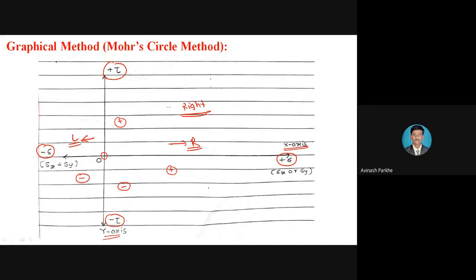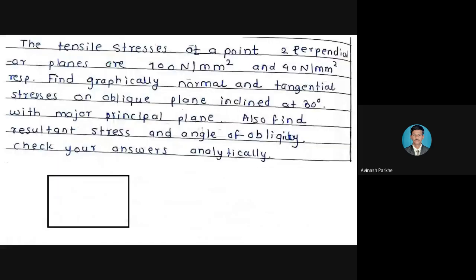If the body is subjected to sigma x, sigma y, as well as shear stress, then it comes under case number 3. So this is the basic procedure to draw this Mohr circle. Now I will explain that procedure once again by using one sample numerical.